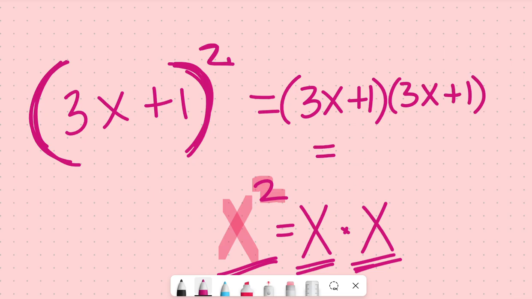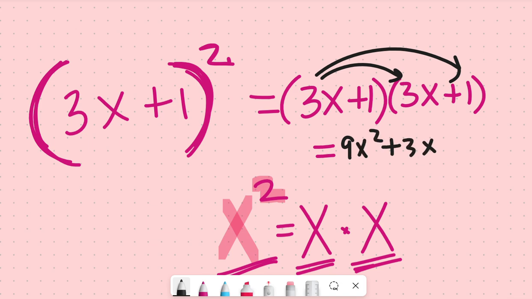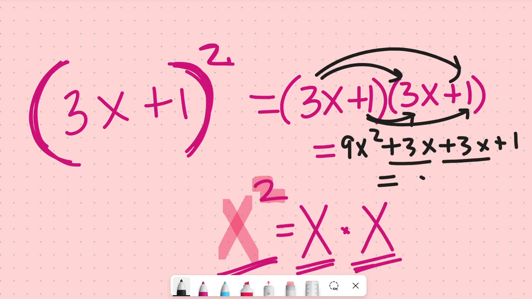Okay, now we know how to multiply everything by everything. This one by this one, so it will be 9x squared plus 3x, then again plus 3x and plus 1. The final answer will be 9x squared, 6x and 1.